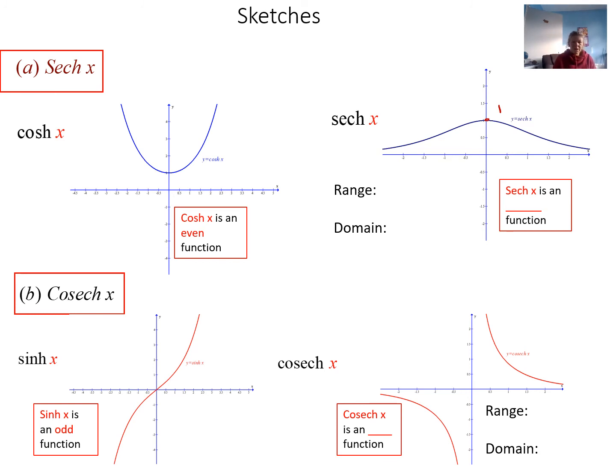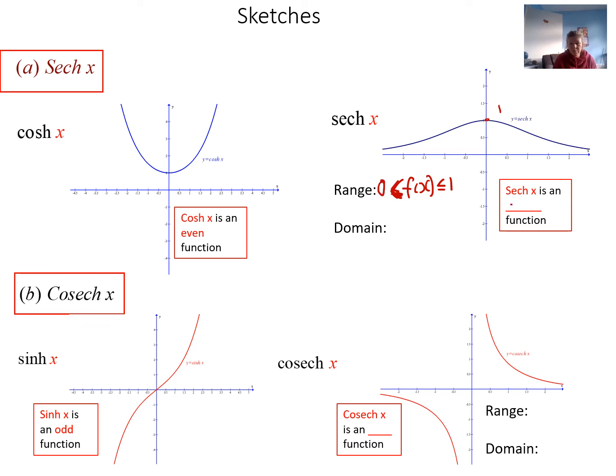Right, range and domains on them then. Let's squeeze these in. So the range here, what's the y values between? Well, our f of x can equal 1, but it doesn't equal 0.